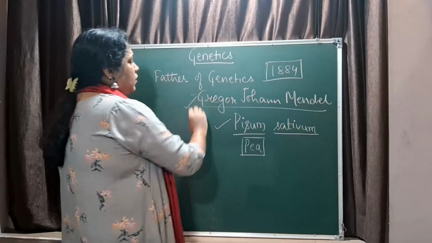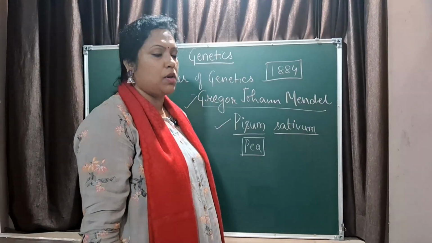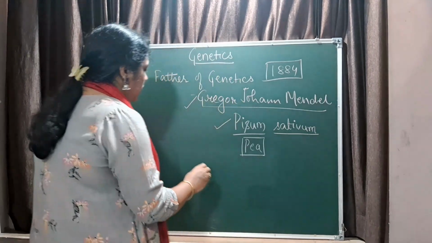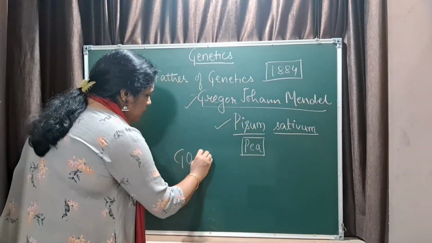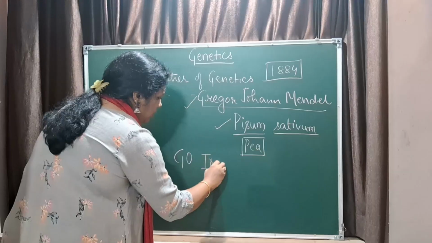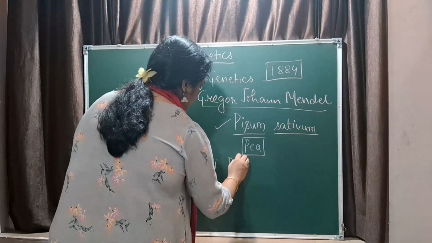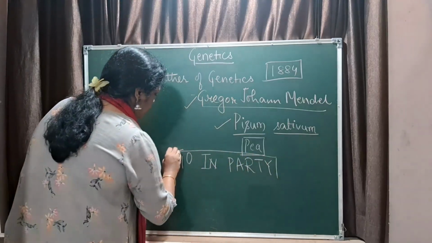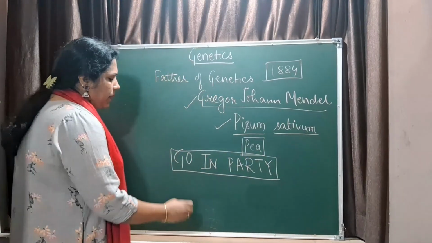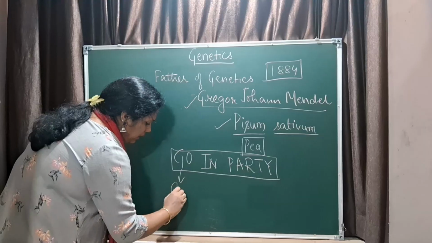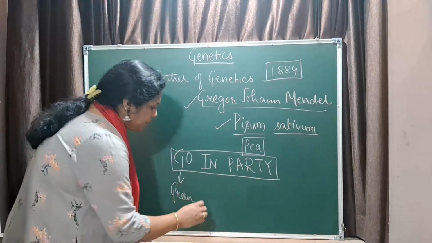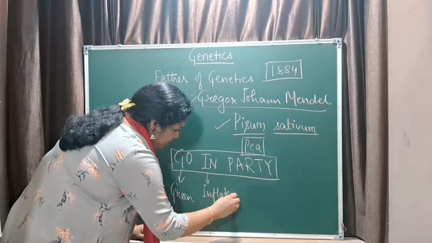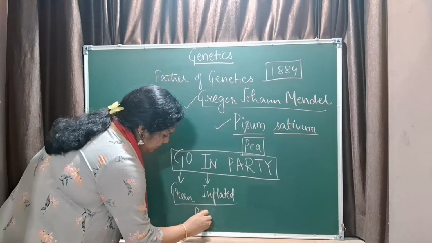Gregor Johann Mendel, very important. And pea plant, very important. Characteristics of pea plant, very important. Dominant traits: there is a "go in party". Okay, I know it is not making good sense in English, but it's very important to know the dominant traits. Go is green, inflated: green and inflated, these are pods.